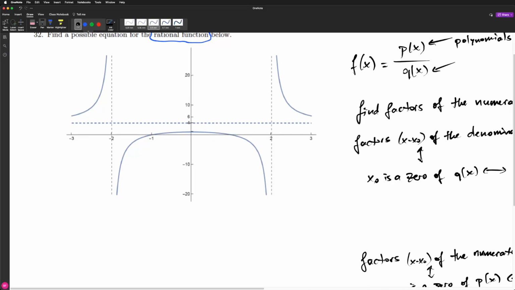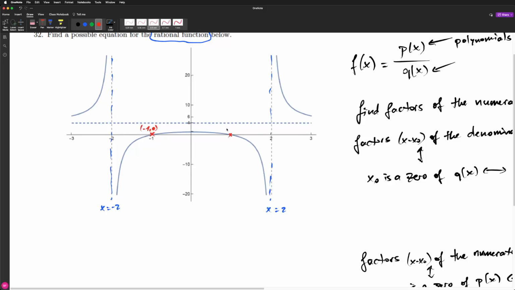Anyway, what are some interesting things that are happening? I have a vertical asymptote at negative 2. I have another vertical asymptote at x equals 2.